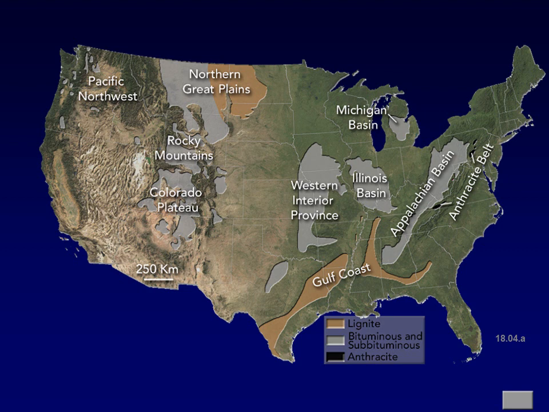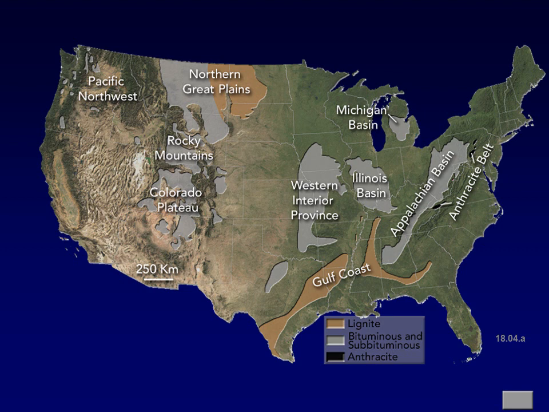Okay, so how does this compare with where you find petroleum basins? So remember that map with the petroleum basins. We had Texas, the Gulf Coast, the western U.S. So there are similar regions and some overlap.